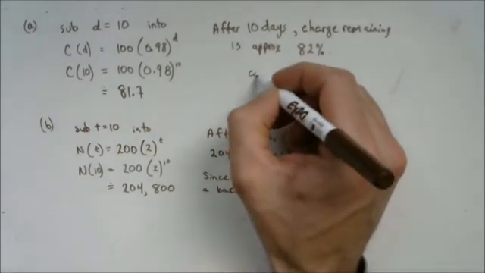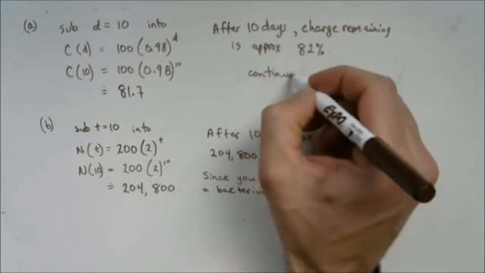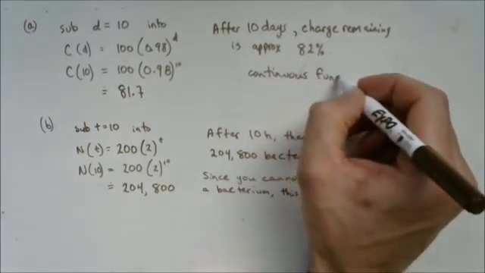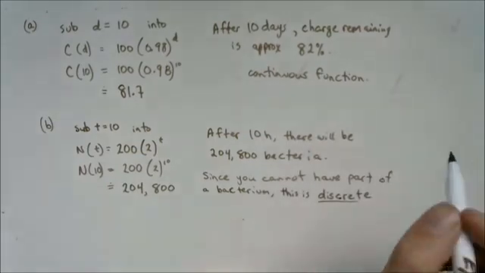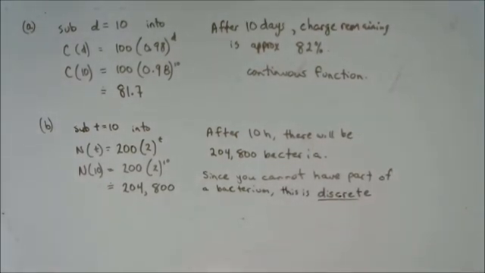And up here we had a continuous function. As time progresses, the battery goes down continuously, the charge. We were also asked here to explain or to graph it. We could do that. We're not going to.